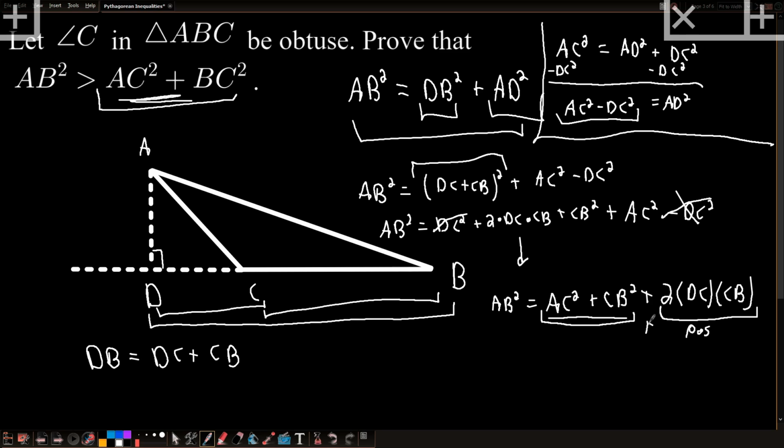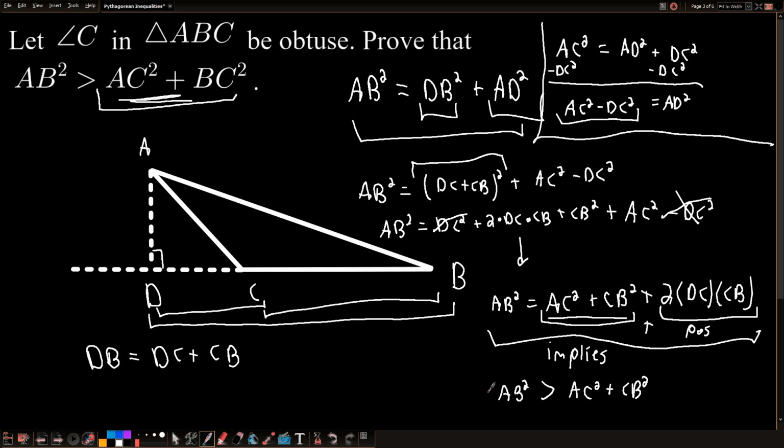So, no matter what, since this term here is positive, and it's being added with the original value, all this implies that AB squared is greater than AC squared plus CB squared. These two things cannot be equal, because AB squared is this plus this other number here.